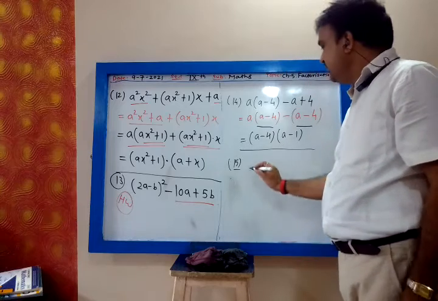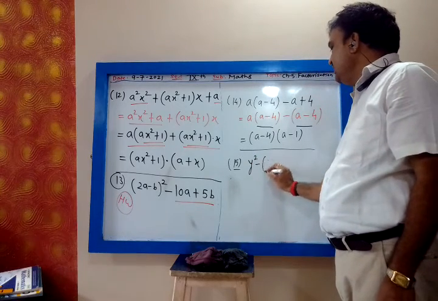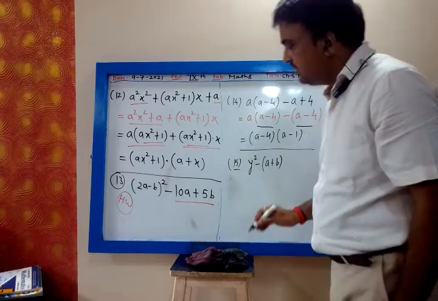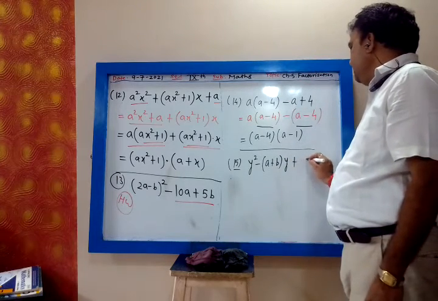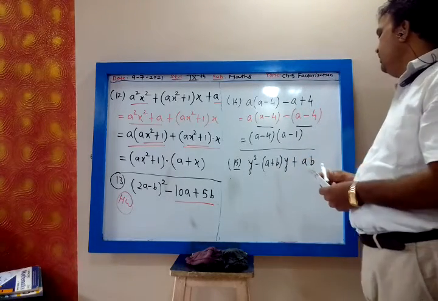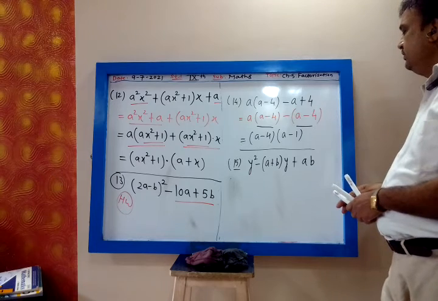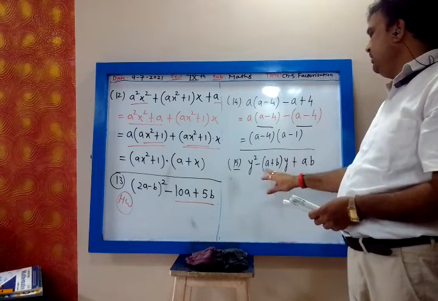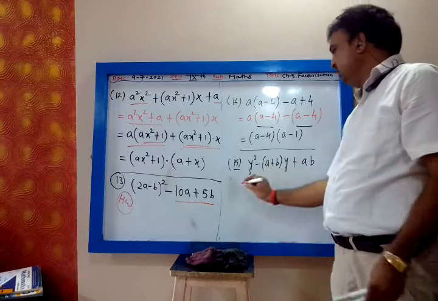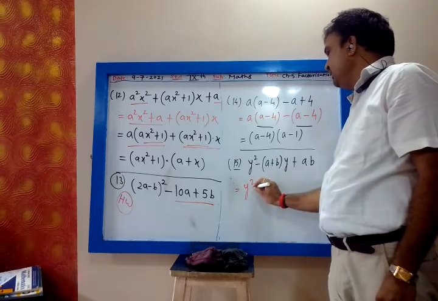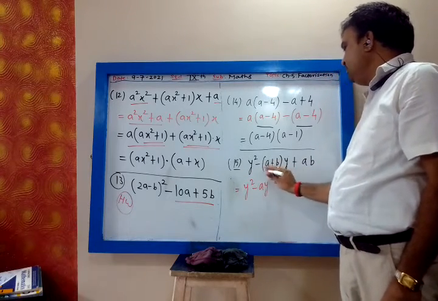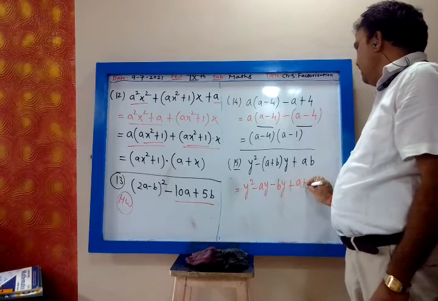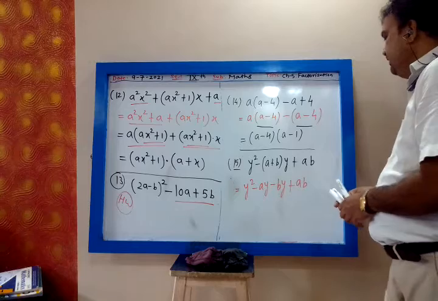y square minus (a plus b) y plus ab, okay. So how will you simplify? You just open the bracket because there are three terms: y square minus ay minus by plus ab, okay.